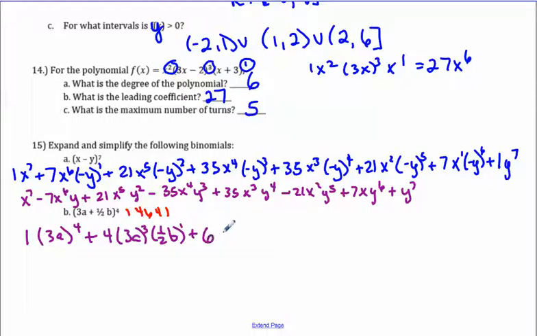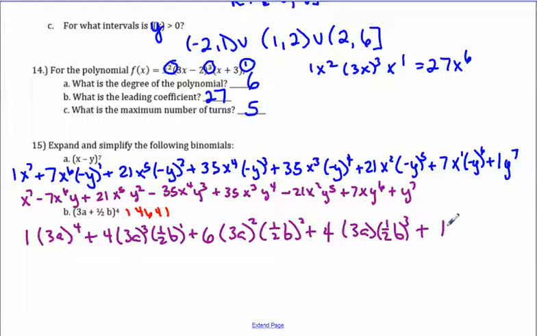Then the 6, 3a is to the 2nd, 1/2 b is to the 2nd also. Then the 4, that's from right here. 3a is to the 1st, and 1/2 b is to the 3rd. And then finally 1 times 1/2 b to the 4th.